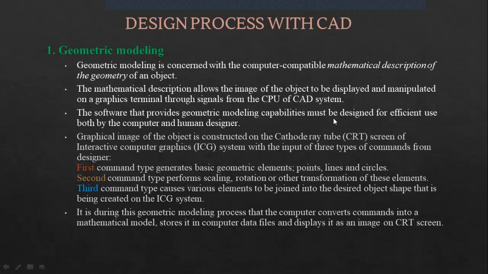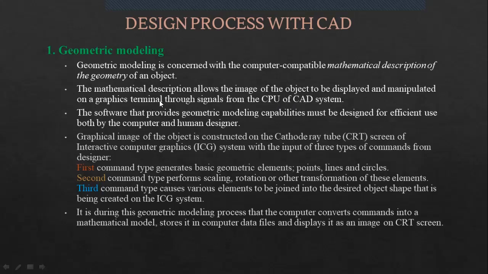You have assembly modeling as well, right? You specify the different constraints to define the relationship between the components. All of this is displayed on a graphics terminal, from signals of the CPU. A CAD system will have a CPU, the central processing unit.